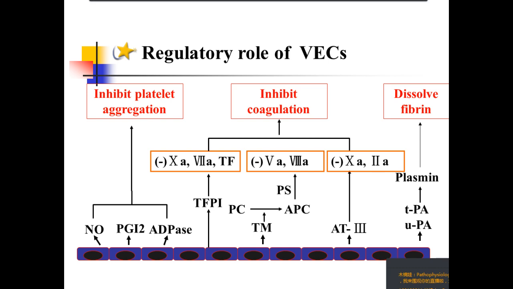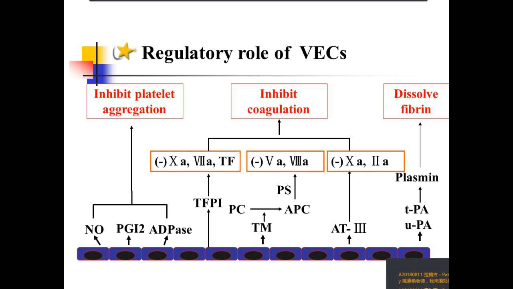Now the last, release of TPA and UPA decreases. The fibrinolytic system is not activated, so plasmin decreases. So anticoagulation function decreases, coagulation function increases.